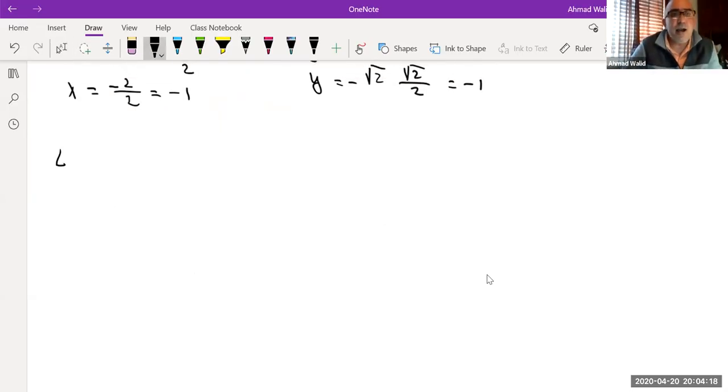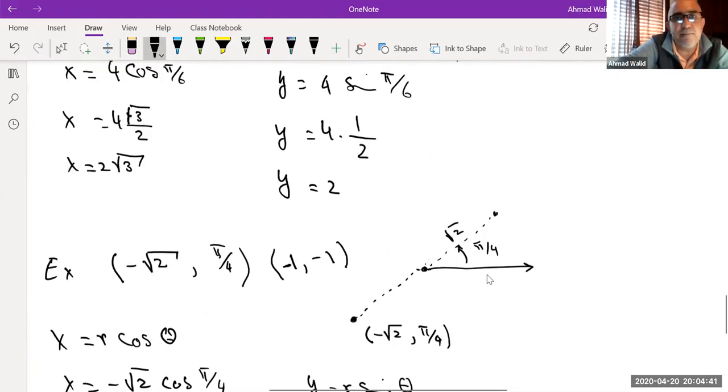They give you the Cartesian coordinates of a point and they are asking you to find the polar coordinates of it. For example, they give you (1, negative 1). They are asking you to find the polar coordinates of this point.